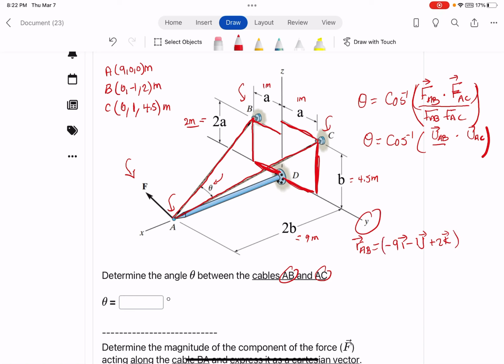So AB is minus 9i minus j plus 2k, and that is in meter. If you want to find out the magnitude of this position vector, it is 9 square plus 1 square plus 2 square, 81, 82, so the square root of 85, that will give you 9.27 meter.